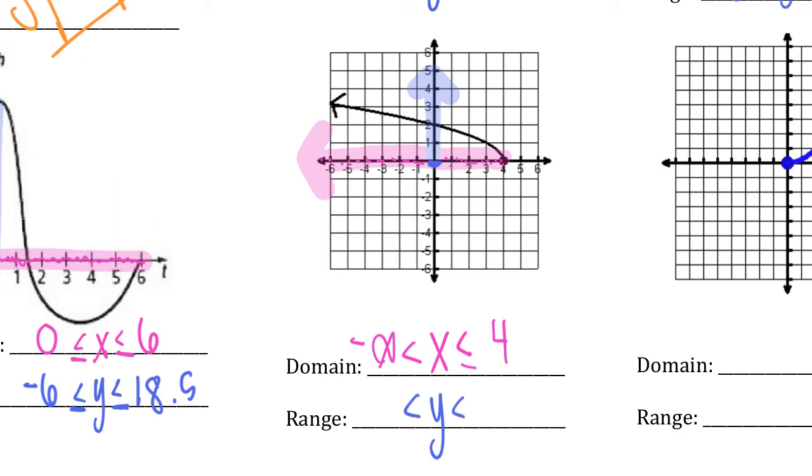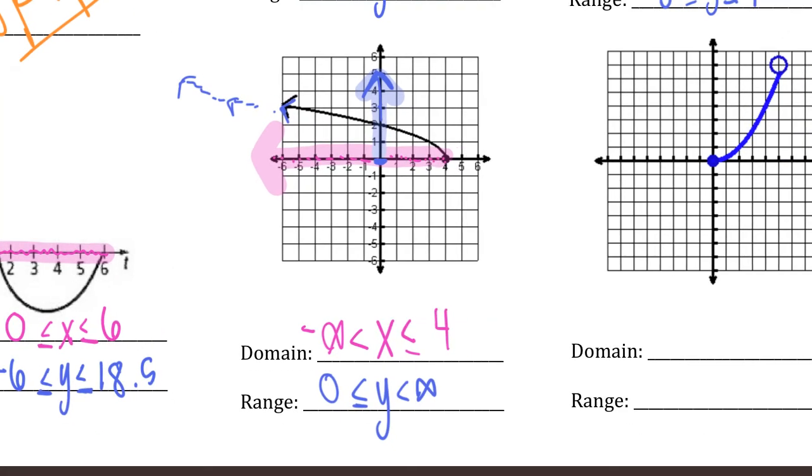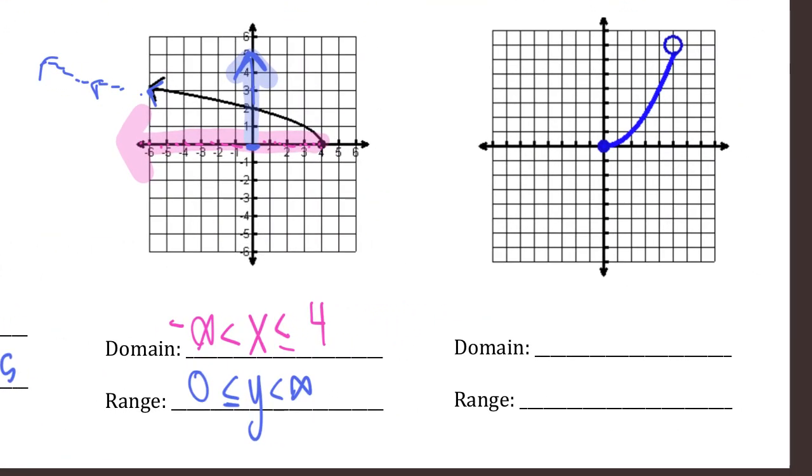Remember that it's a y value of 0. It includes it. And then the graph doesn't just stop where that black line stops. It has an arrow on it that goes to the left, but is also slowly going up forever and ever. So we would say it goes toward the positive infinity in terms of your y values. Last one, pause the screen, give that one a shot.